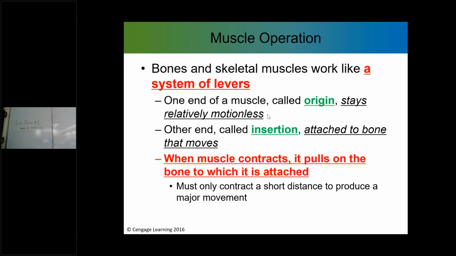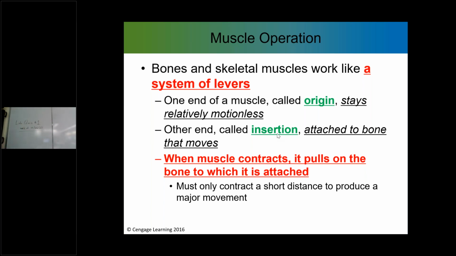When I contract, the insertion allows for the movement of bone. So the origin is the anchor, and doesn't really move much, but the insertion is connected to the bone or bones that are going to be moving when contraction takes place.